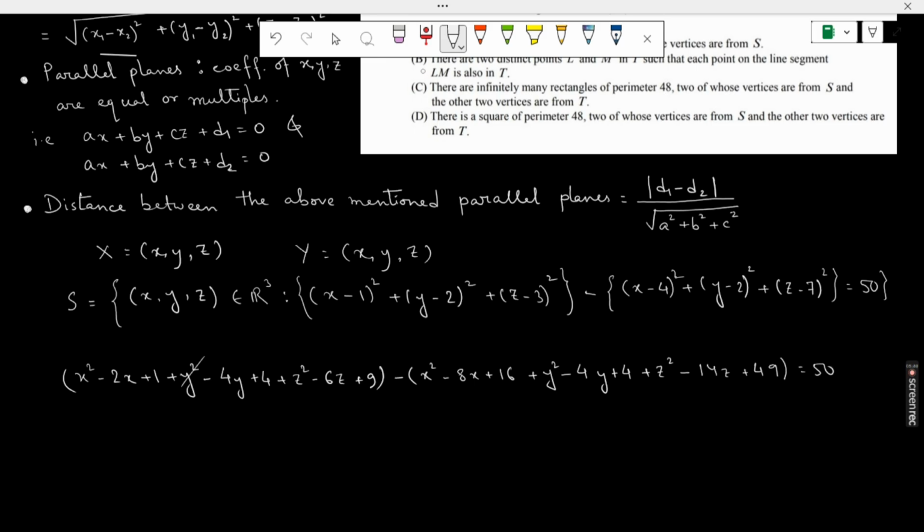We can see that the y part will be removed because they are totally the same and there is a minus. x square and z square also cancel.